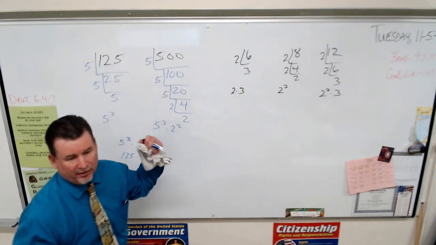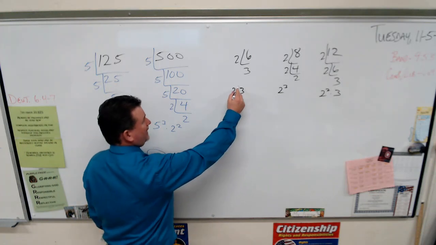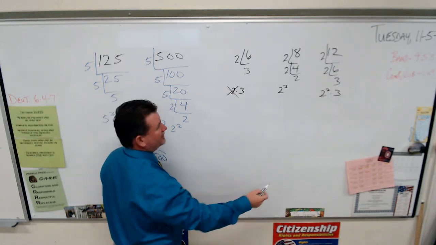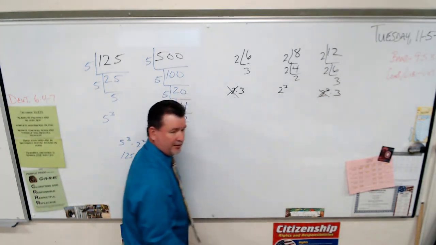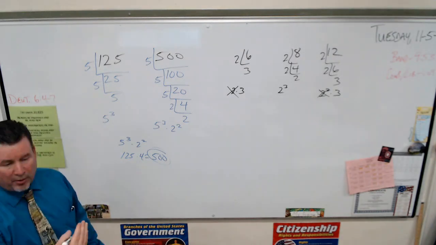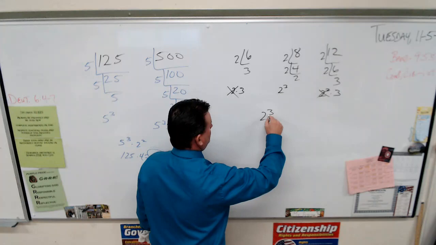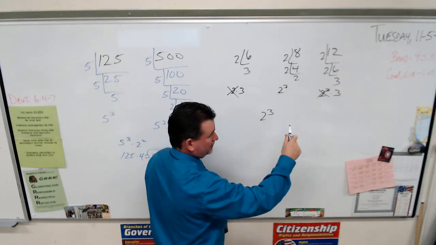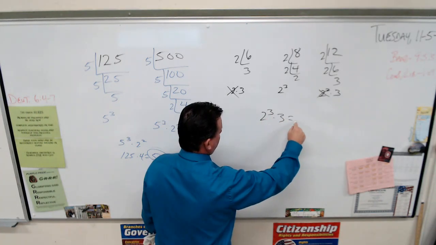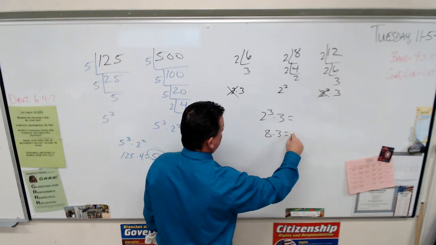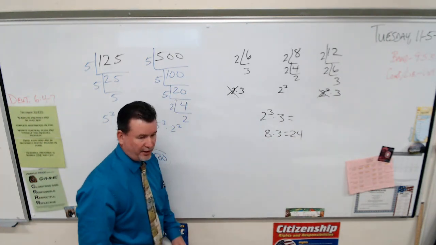This one's out of here, and this one's out of here, because I have a greater power of 2. That's the one I'm going to use. The 3, I only use once. 8 times 3 is 24, just like I thought.